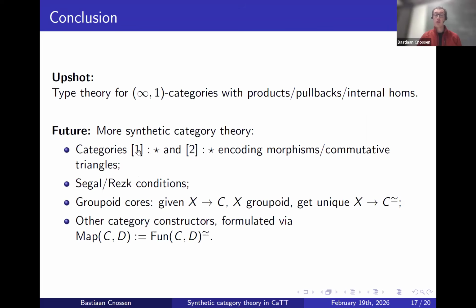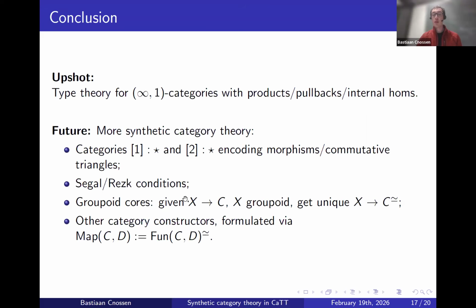So we would introduce the walking morphism and the walking commutative triangle, and then maps out of those into another synthetic category would encode morphisms and commutative triangles. Then you can phrase things like the Segal and the Rezk conditions that enforce these synthetic categories to actually behave like categories.